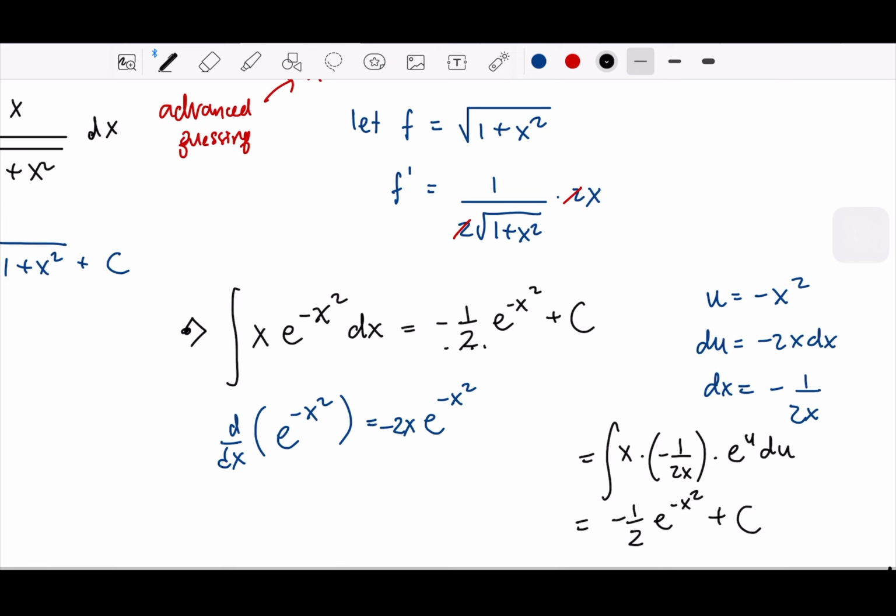Okay, more examples on this substitution. I think we can go for more in tomorrow's class and also next week's class. As I mentioned, next week, Wednesday class will be no class, but I will give you additional content.